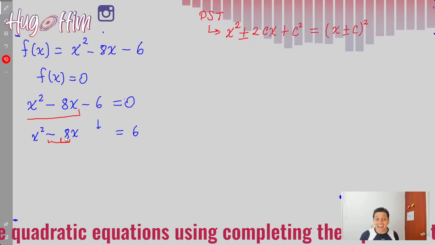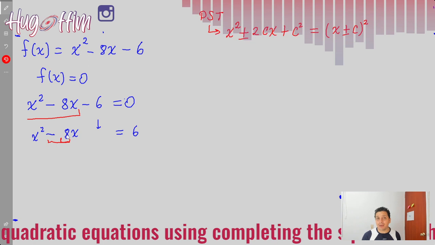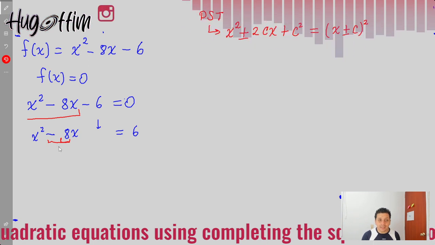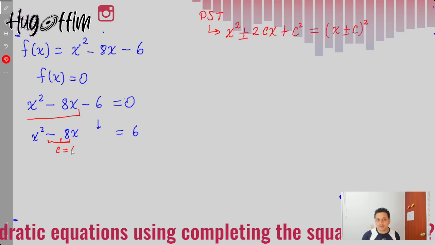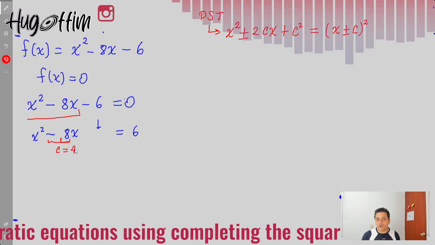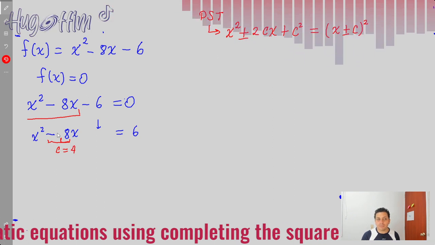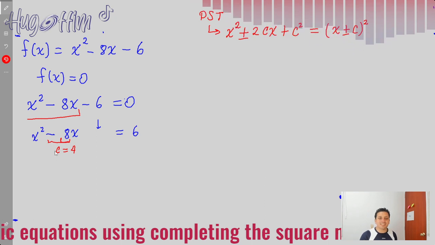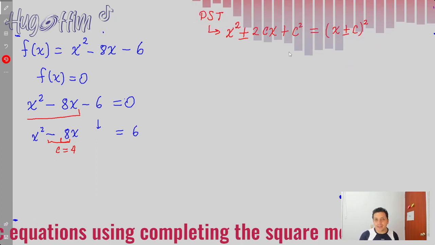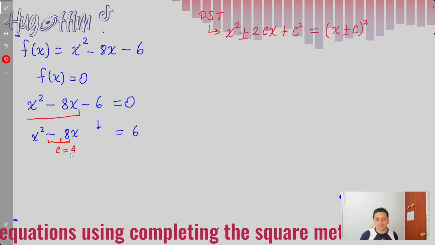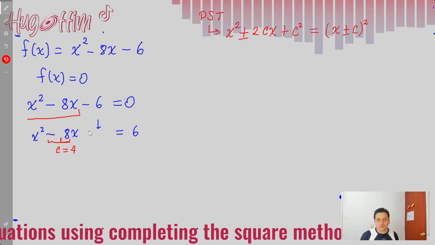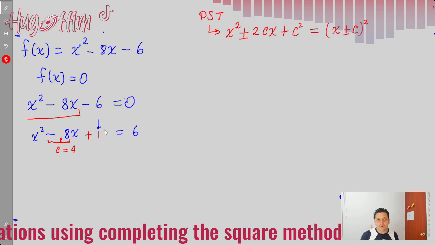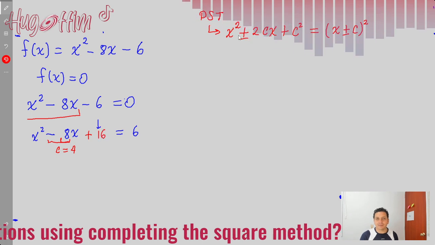So as 8 should be the same as 2c, in this case our c should be 4, because if I take 4 times 2, it's going to give me 8. So if c is 4, now c squared should be 4 to the second power, that is 16. So I'm going to add 16 to complete my perfect square trinomial.